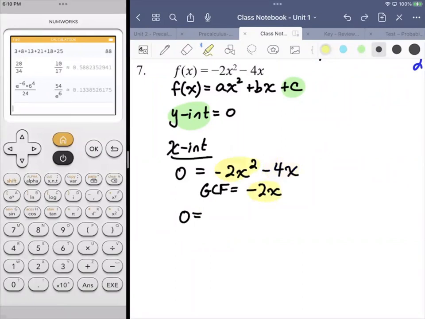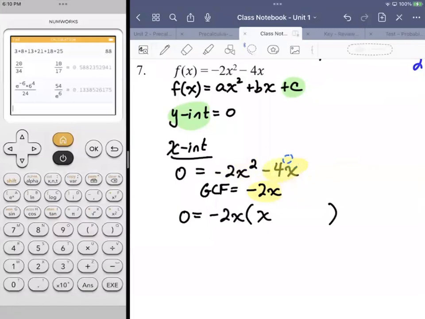So start off with these two, and I'm going to get an x. Well, let me put the negative 2x in front. Apologies. You're going to get an x. And then when you divide this term by negative 2x, you're going to get just a positive, plain old 2, no variable attached to it.